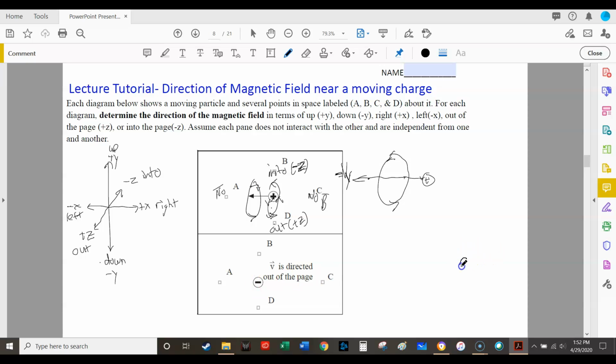So if electrons are flowing to the left, for example, if electrons have a velocity to the left, the current is going to be pointed to the right. And by the way, that's also the direction that a positive particle is going to be moving.